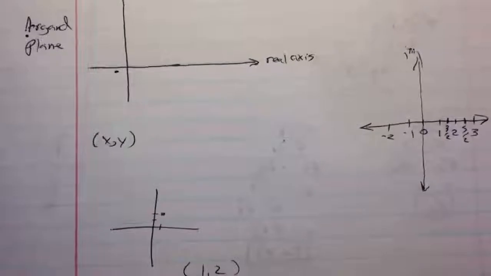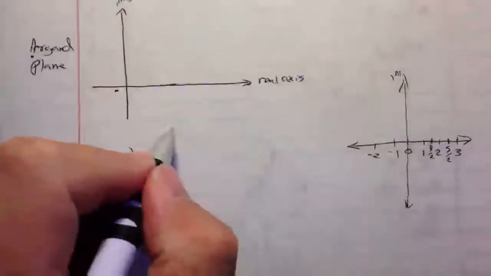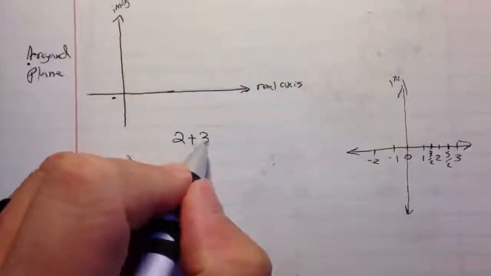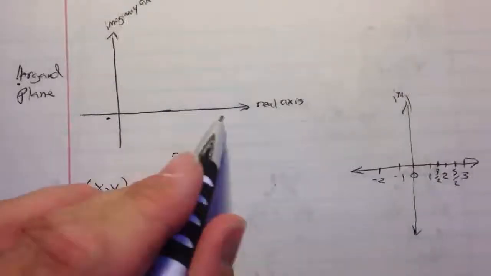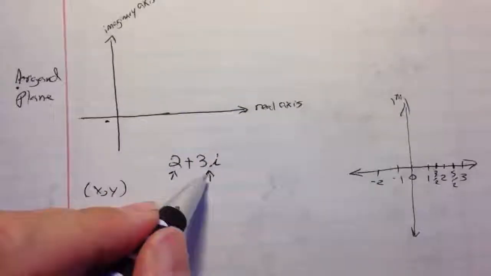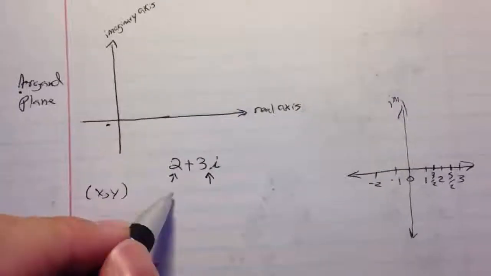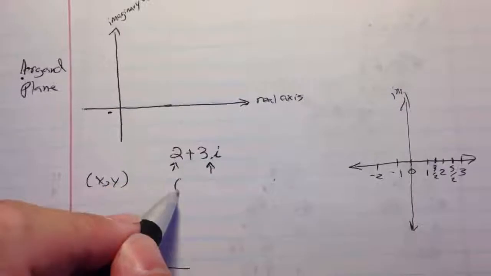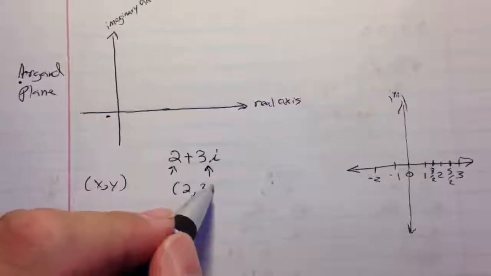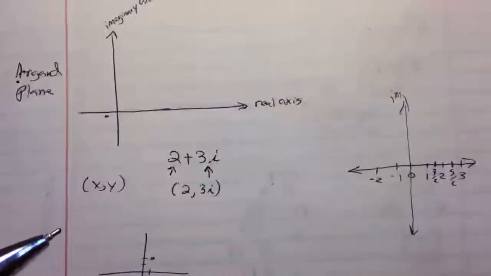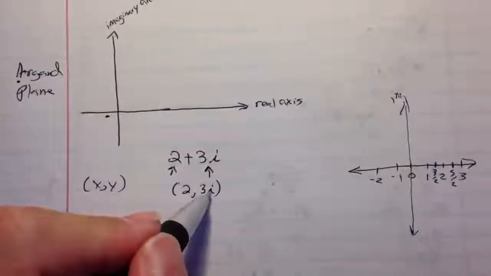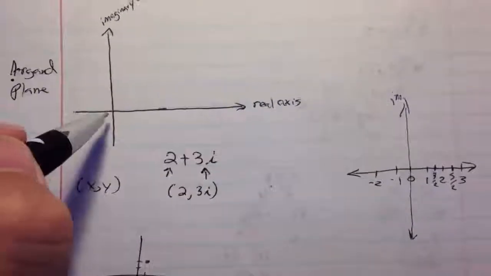Well, it works just like that with a complex number. So if I have 2 plus 3i, this is going to be the real number, and this is going to be the imaginary number. So you can think of this like an ordered pair. You don't necessarily have to put the i there; I put it there just for effect. So let me show you what that looks like.